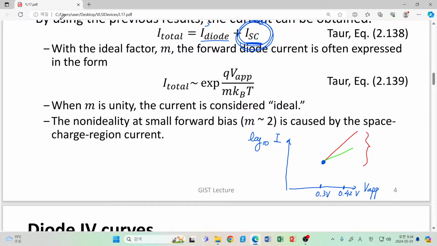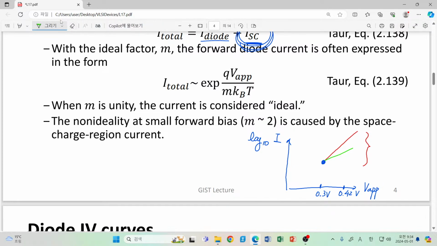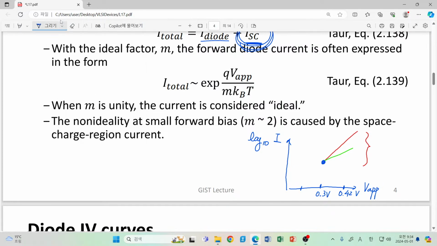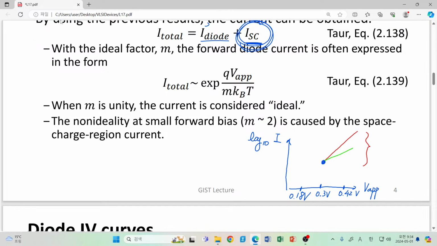Instead of increasing the voltage by 112 millivolt, please think about the case where we go in the negative direction, so our voltage now becomes 118 volt. Then what will happen?